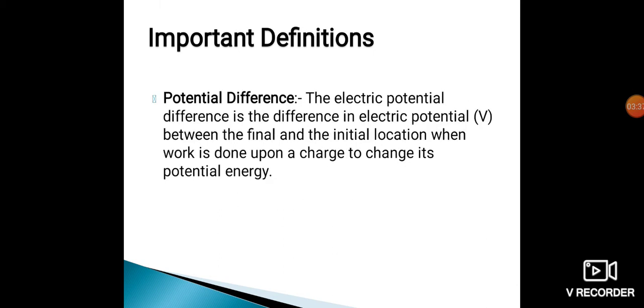Now we will move ahead to the second definition, potential difference. The electric potential difference is the difference in electric potential between the final and initial location when work is done upon a charge to change its potential energy. We will understand this definition with an example.